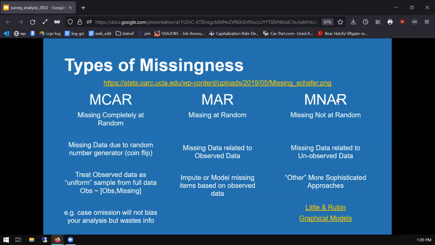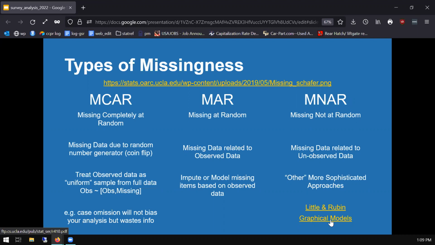This is a little outdated, but every reference you see historically in the books uses these three scenarios: missing completely at random, missing at random, missing not at random. If you read some of the references, like the Little and Rubin book, some of the current methods, I think some UCLA groups of researchers like using graphical models to impute.